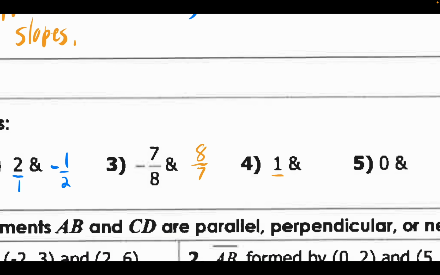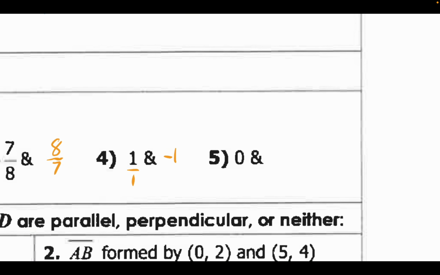Number 4, 1 is secretly 1/1, and so the opposite reciprocal of that is negative 1/1, which is just secretly negative 1. And number 5, 0, that's kind of a tricky one. We'll think of it this way. It's technically 0 divided by a number, and so the reciprocal is a number divided by 0. And any number divided by 0 we know is actually undefined, which we can abbreviate to UND.